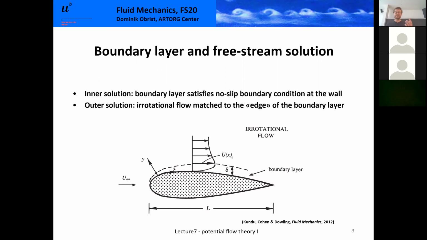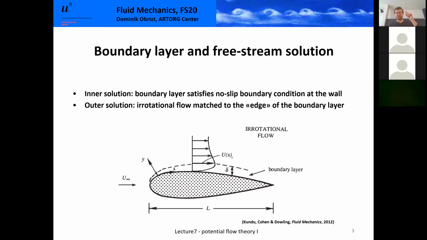It's a phenomenon that we find in moderately high Reynolds number flows, so very high Reynolds number flows, but definitely not in Stokes flow. Stokes flow was a separate story, very high viscosity compared to inertial effects, so very low Reynolds number. Today and last week, we're in the regime of higher Reynolds numbers, meaning we're starting at Reynolds numbers of 100, going up to thousands, millions, billions, or maybe even more.